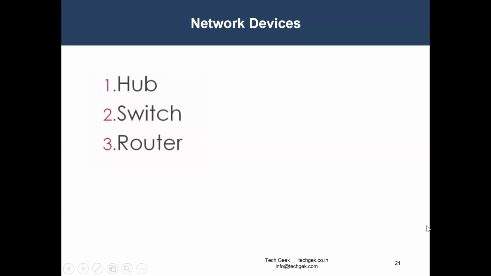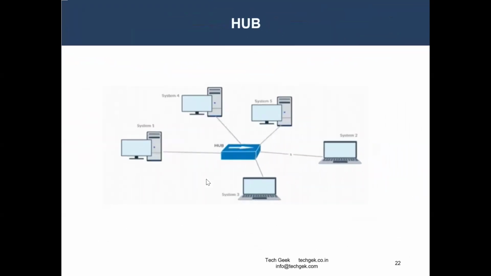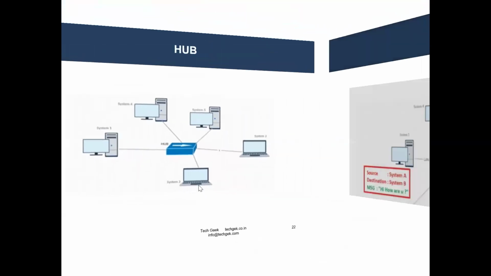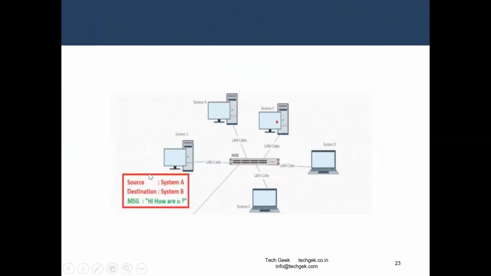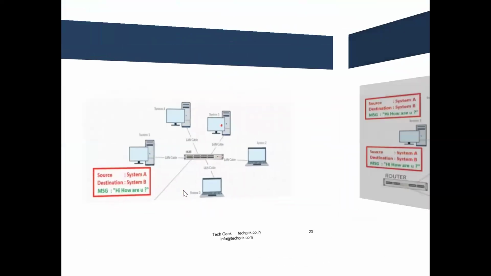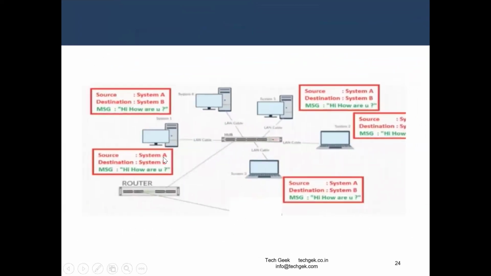So we have network devices like hub, switch, and router. If I talk about the hub, what does it do? The hub is a very simple device. It connects multiple devices in the network segment. But what happens if I send a message? Say I send one message from system A to system B. This message will go to all the systems here.